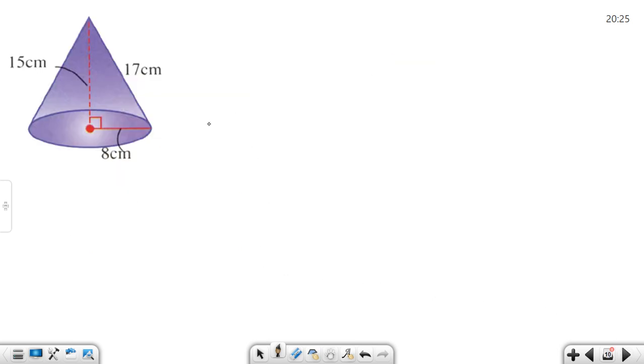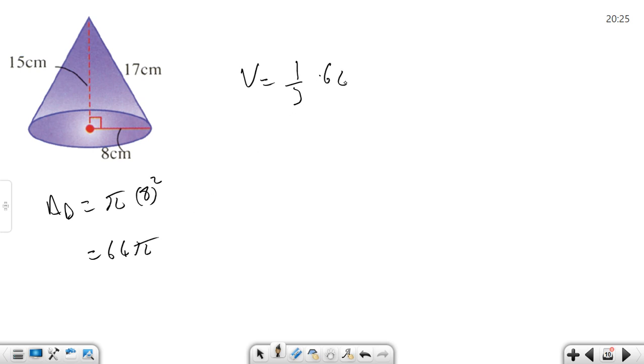One more example. Again, it's a volume, and how do we calculate the volume? Volume equals 1 over 3 multiplied by area of base. What is area of base here? Pi 8 squared, the 8 is the radius, 64 pi. 64 pi multiplied by, what is the altitude? The height of the cone is 15, multiplied by 15.